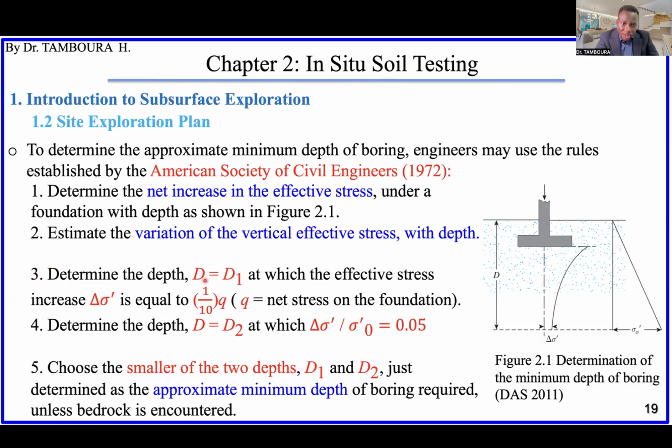Point number 3, determine D1 at which the effective stress increase delta sigma prime is 10%, which is here also, 1/10 of the net stress of the foundation. This value, delta sigma prime, is decreasing. Maybe here it is 10% of this net stress of the foundation, which, as I explained, is just the weight divided by the area of the foundation.